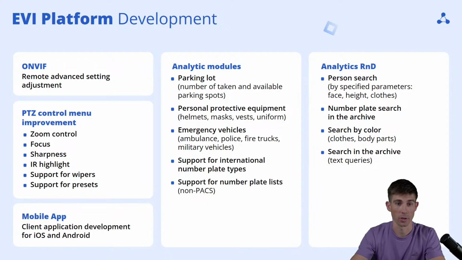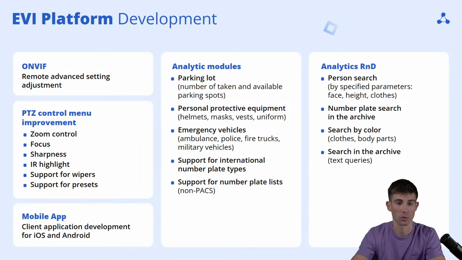As far as the analytics goes, we are planning to add quite a few types of analytics. They are all based on AI learning, so they're quite accurate, and partially they have to do with covering parking lots, so things like analyzing and taking an available parking spot is one of the features we are planning on adding.